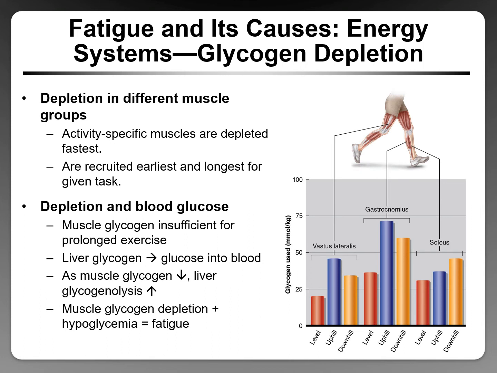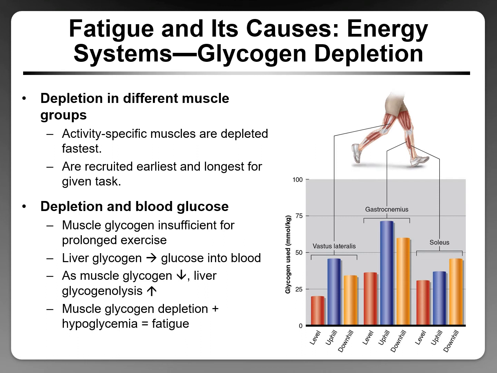Also, we know the depletion in different muscle groups is going to be based on how I use them. Activity-specific muscles will be depleted the fastest, and they will be recruited earliest and longest. So, depleting this with blood glucose, we know muscle glycogen will be insufficient for prolonged exercise.